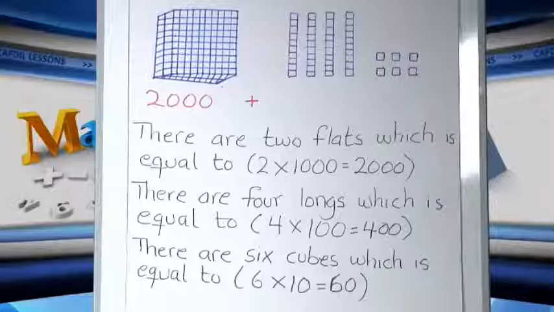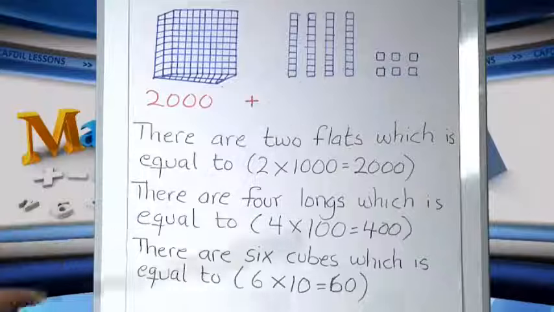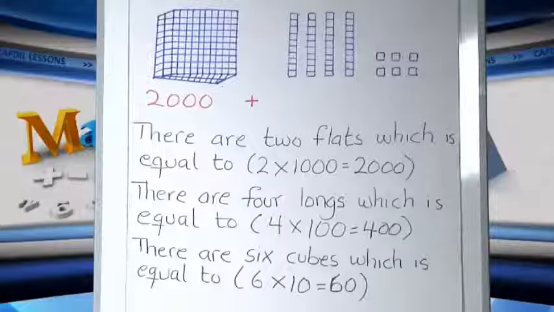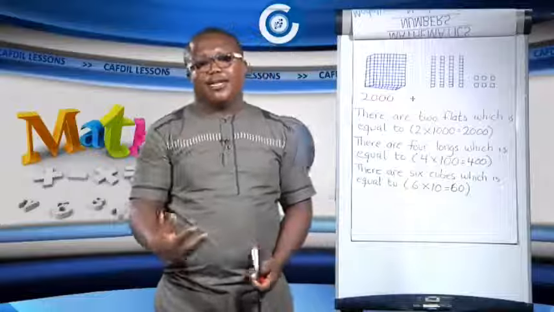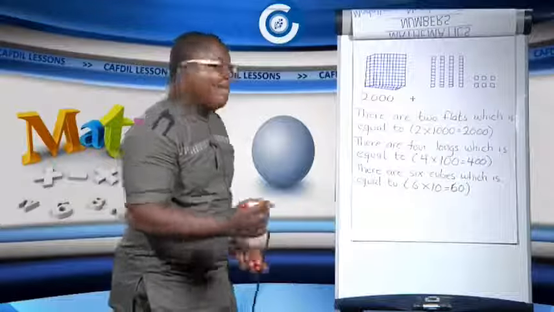Plus, how many longs are there? 4. But we said 1 long represents 100. So here too we had 400.